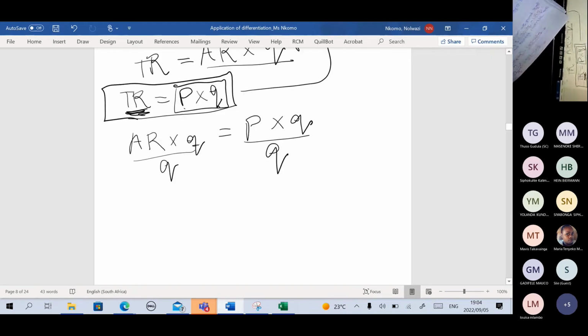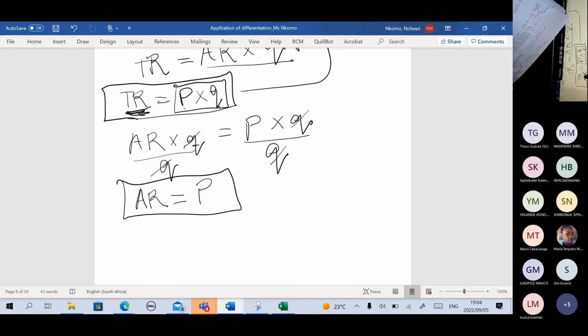And if we divide with it on both sides, we'll have average revenue. Q and Q will cancel out, right? And here, Q and Q will cancel out. This means the average revenue is equal to P, right? So this means the average revenue is equal to the price, whereby the price is given by the demand function, right?